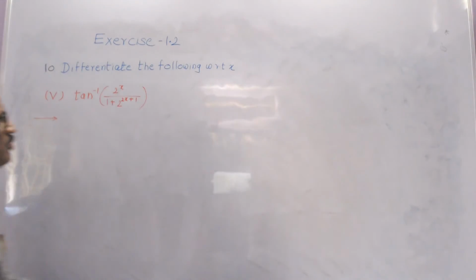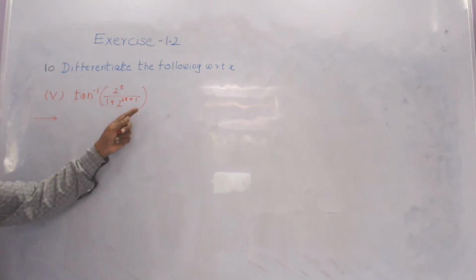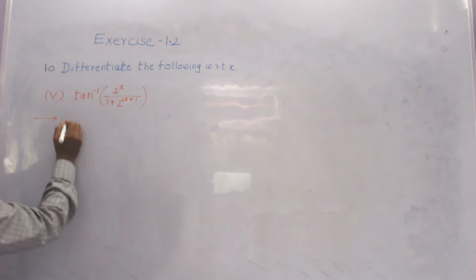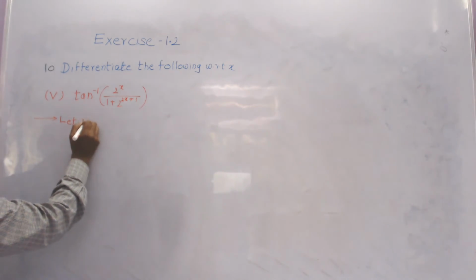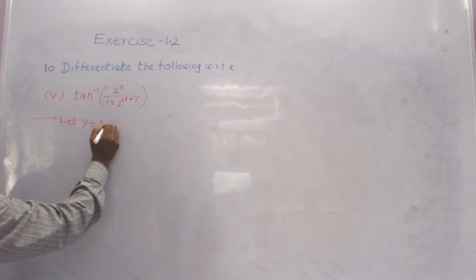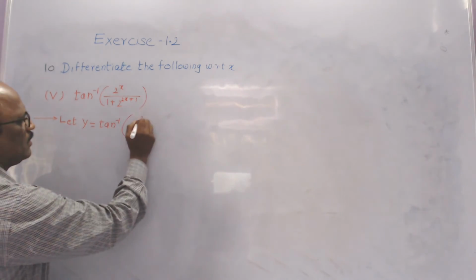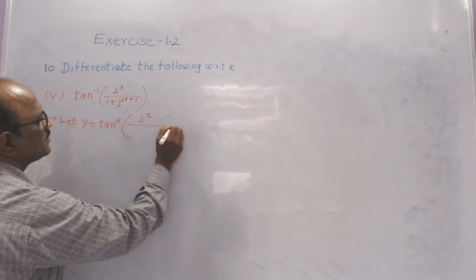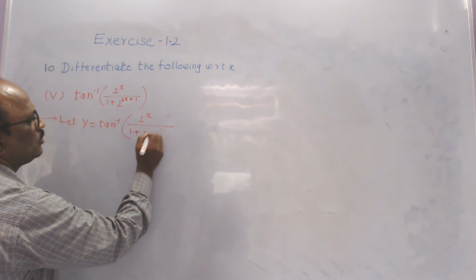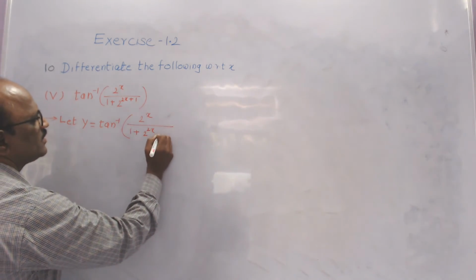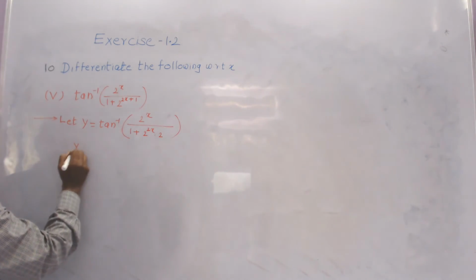Now the next problem is tan inverse of 2 raised to x upon 1 plus 2 raised to 2x plus 1. Now here let y is equal to tan inverse of 2 raised to x upon, again this can be written as 2 raised to 2x into 2.